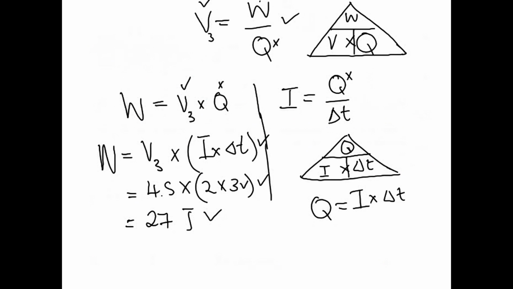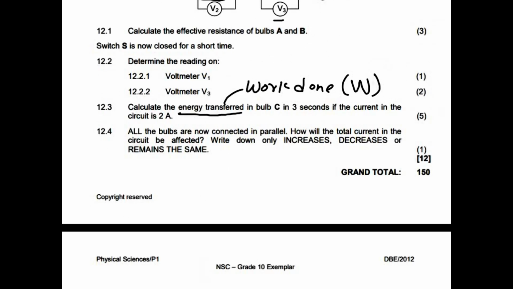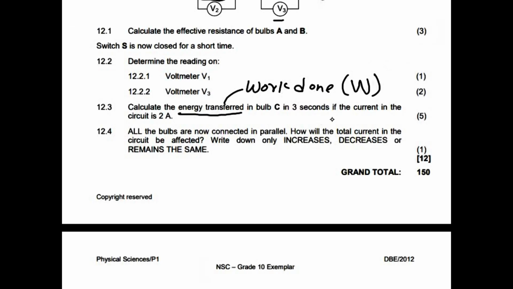So I'm going to explain first so that you understand my answer. Somebody might already know the answer from the top of their head. But for those of you that are not quite sure, they're saying they now connect all of these light bulbs in parallel.